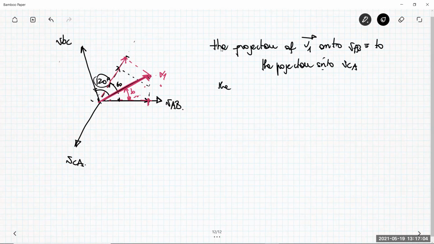The projection along VBC is null. Okay, so let me put on a bidimensional plane, let's say here, the space vector V1.